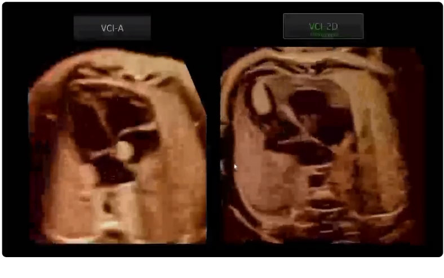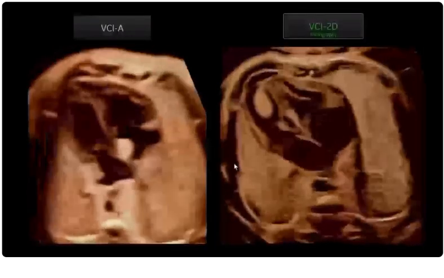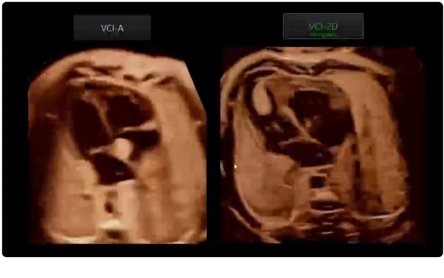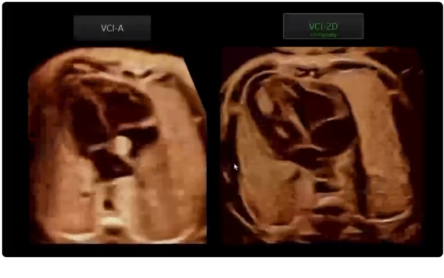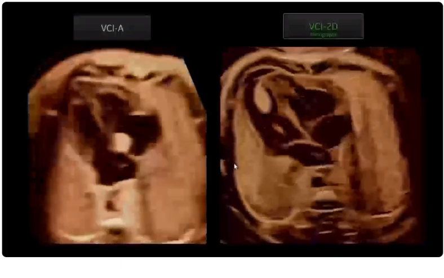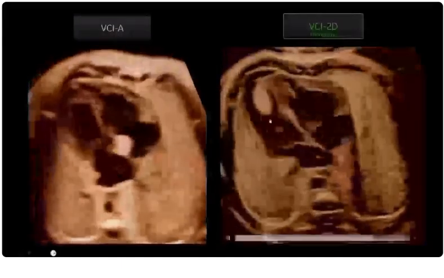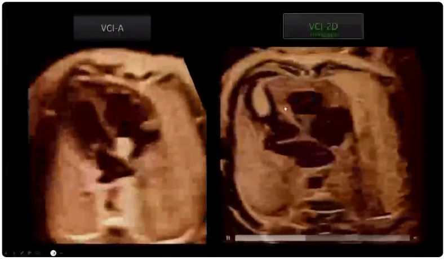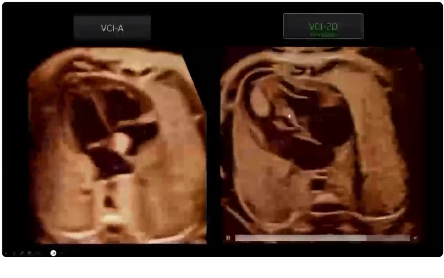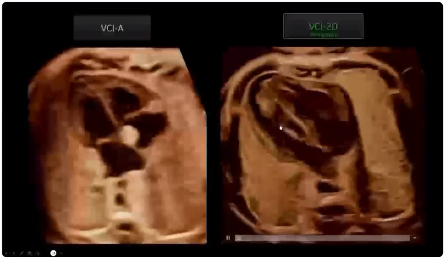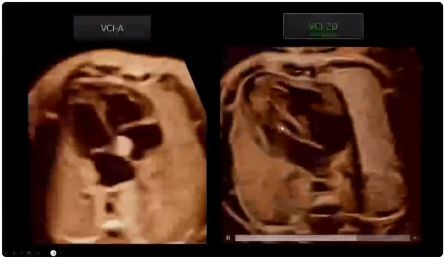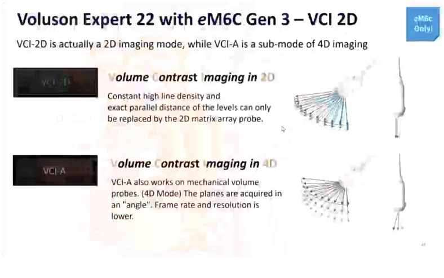So here we have the application of the VCI 2D in the tomographic preset that helps significantly improve the detection of those little malformations, so that it's pretty obvious that there is a tumor here, but we can recognize easily the mass within the septum and also attached on the chordal of the anterior leaflet of the mitral valve.